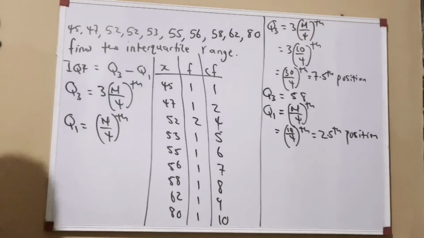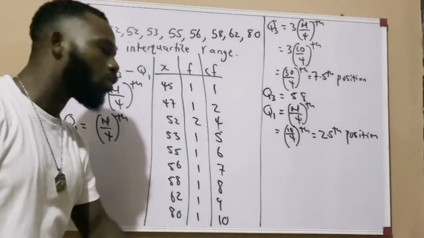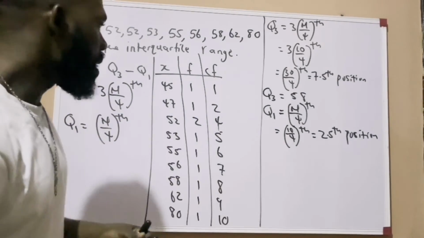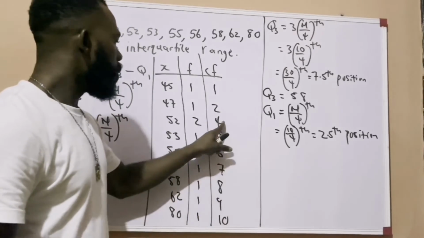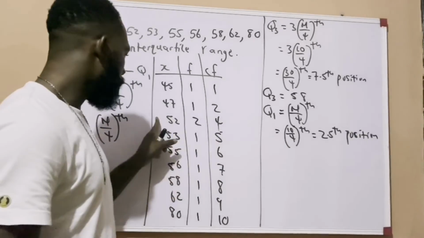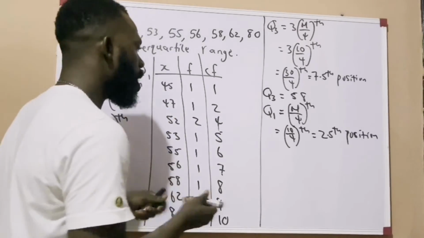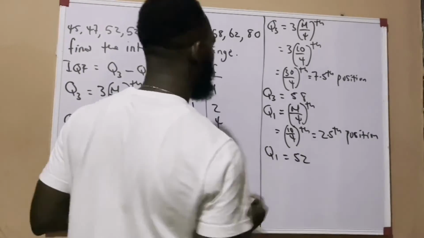Again, 2.5 is not the answer, but the position of the answer. So how do we get that? Again, our cumulative frequency column comes in. 2.5 is inside 4. So what is the value of x for cumulative frequency 4? We have 52. So our Q1 is equal to 52.